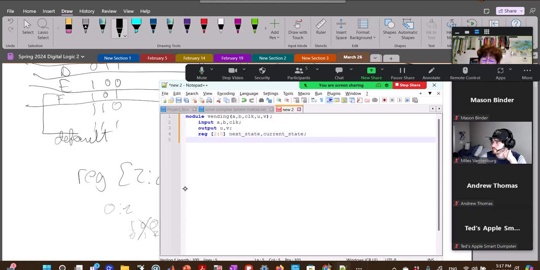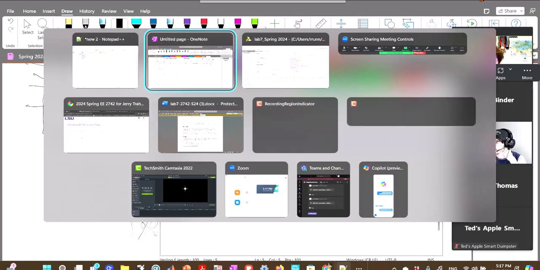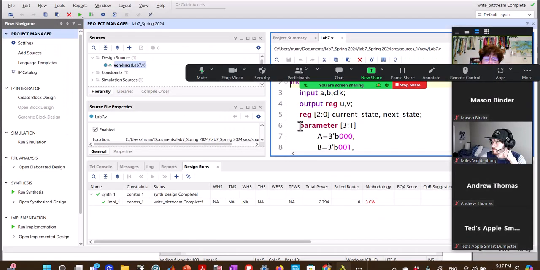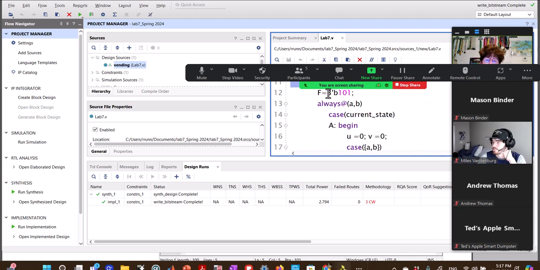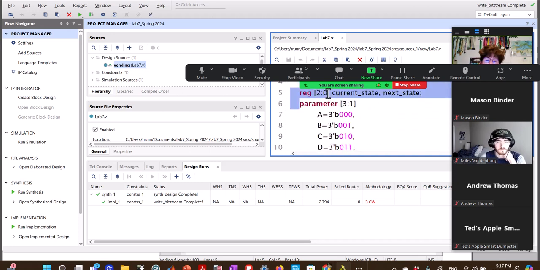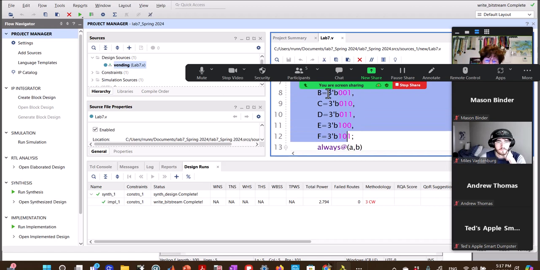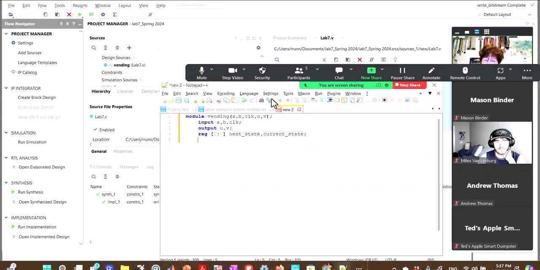And then I'm also going to define some parameters, and I'm going to do this just so that I don't have to remember the numbers that I assign to each one.